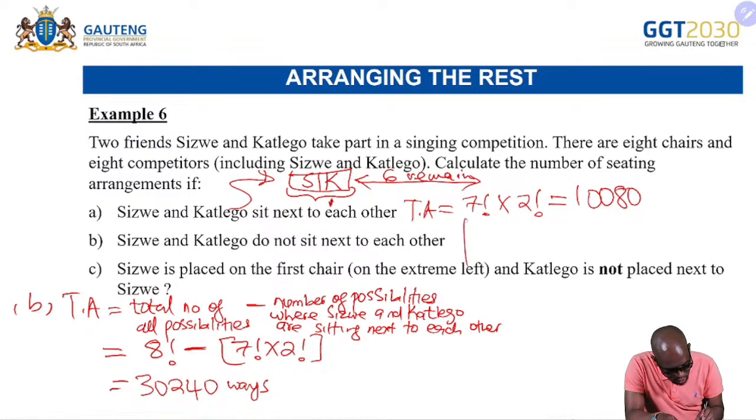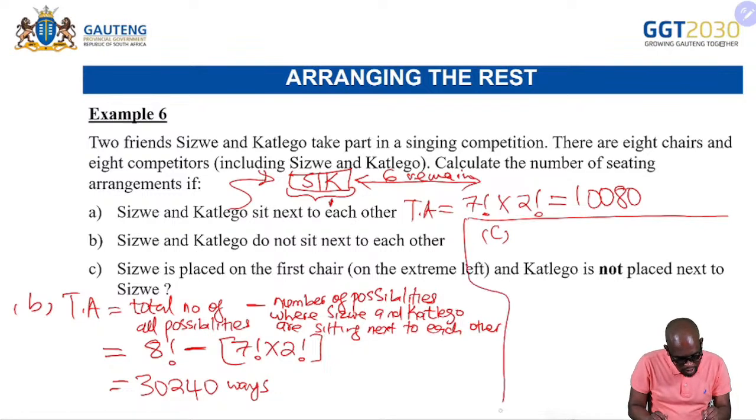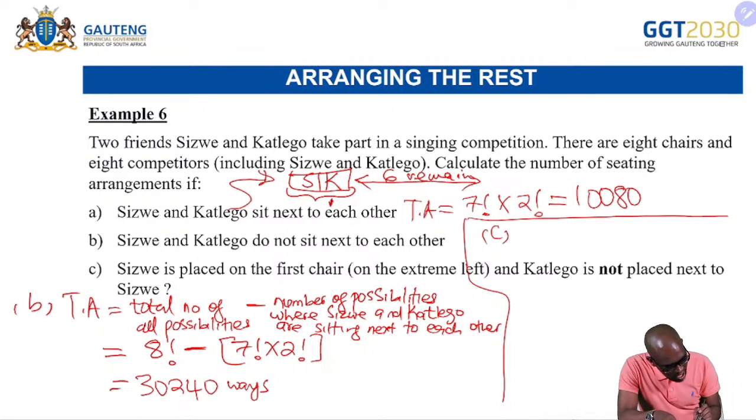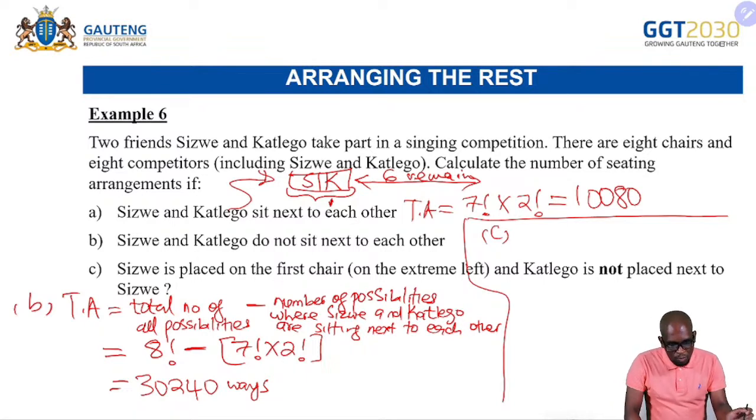Right, let us try to squeeze in the last one here, C. Sizwe is placed on the first chair, that is on the extreme left, and Katleho is not placed next to Sizwe. Let's check now. Sizwe is placed on the first chair, and Katleho is not placed next to Sizwe.